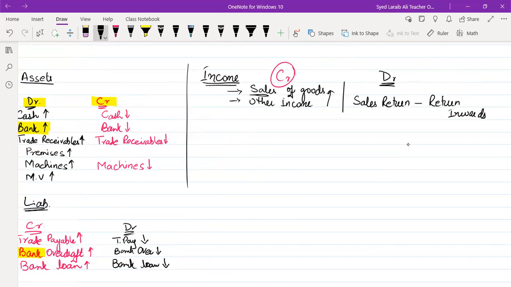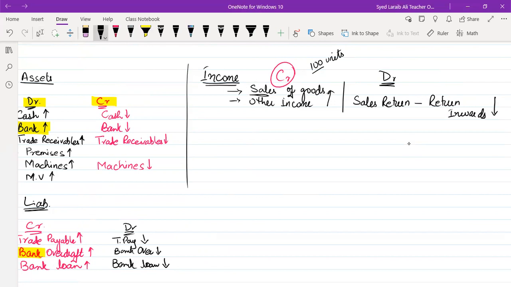Now, when sale increases, it is recorded on credit side. But when the sales is returned, it decreases the income. Now you will not get the amount of that sale. So that would be recorded on debit side. For example, if I have sold 100 shirts, these 100 shirts had increased my sales.